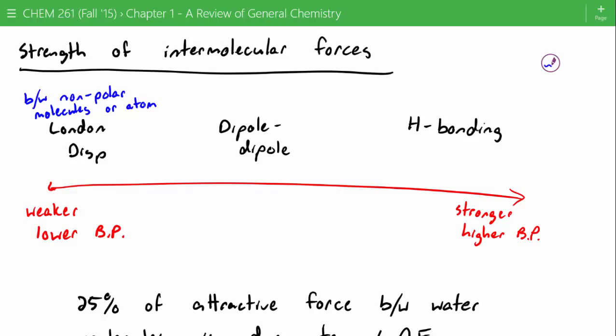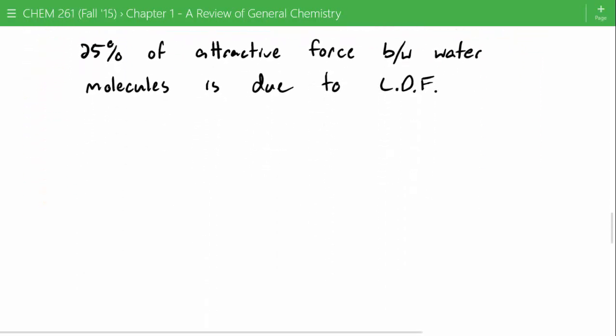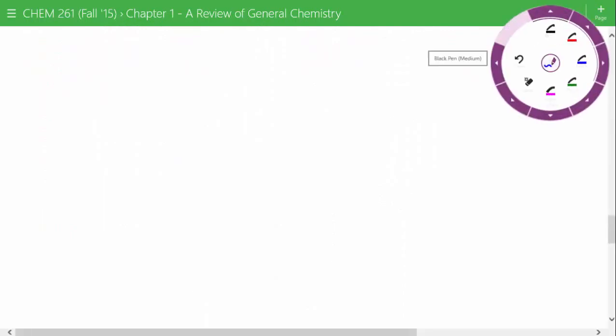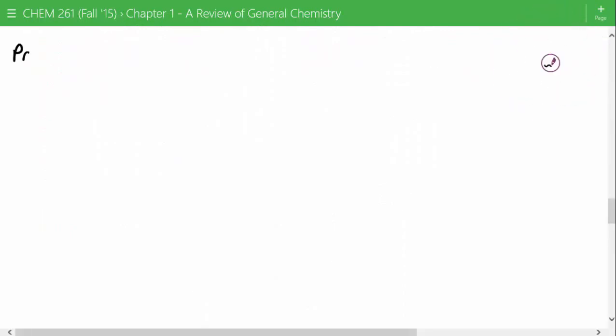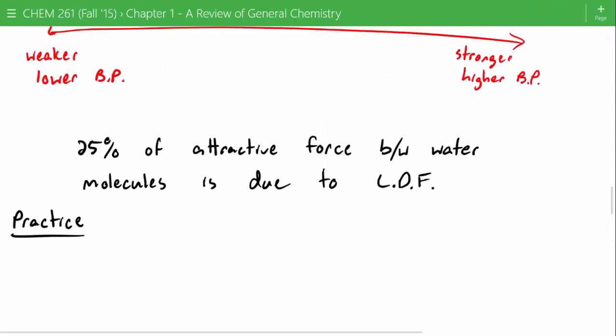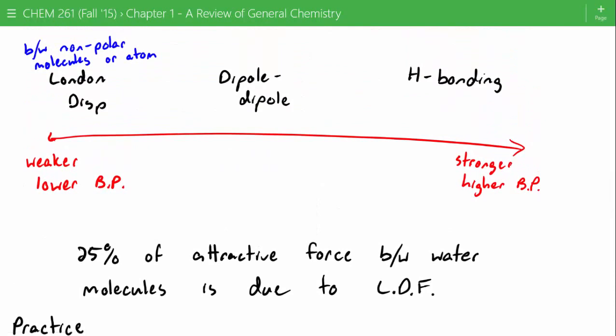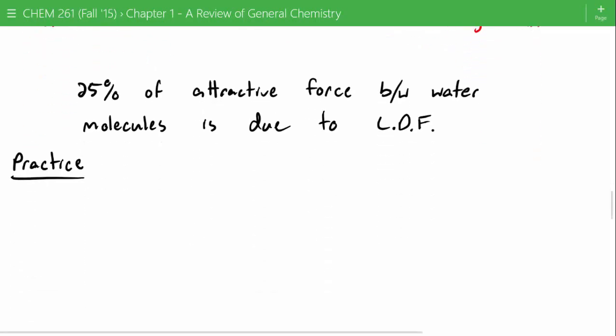Okay, so now let's do some in-class practice. What I want you guys to do is to determine the main intermolecular force, meaning the strongest intermolecular force. And then I also want you to predict between the pair of molecules that I draw, which one has the higher boiling point. Is it okay if I scroll up? Okay.